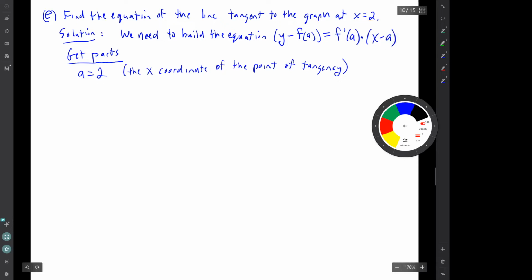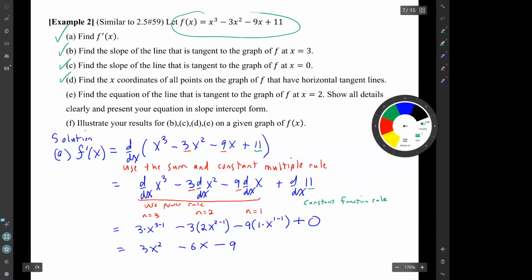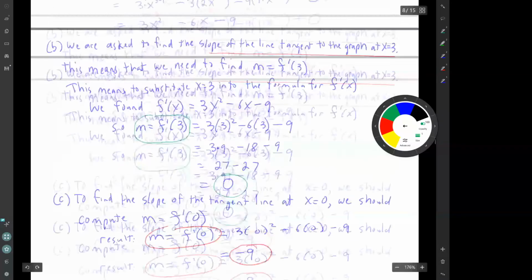Now, what about this? We need f of a. Now we know the value of a is 2, so that f of a actually means f of 2, and that means substitute x equals 2 into the formula for f of x. Now let's remember what the formula for f of x is. The formula for f of x is this thing: x cubed minus 3x squared minus 9x plus 11.